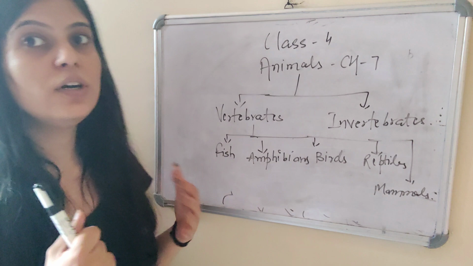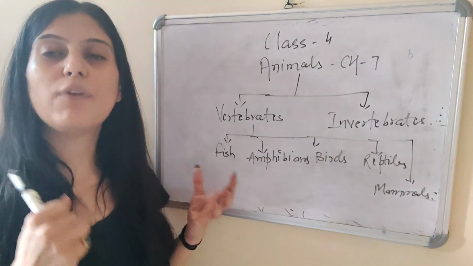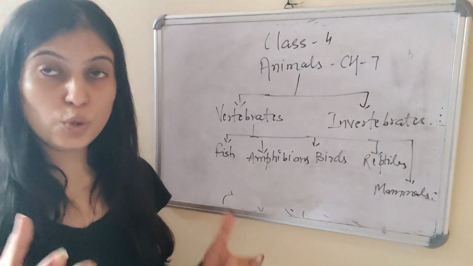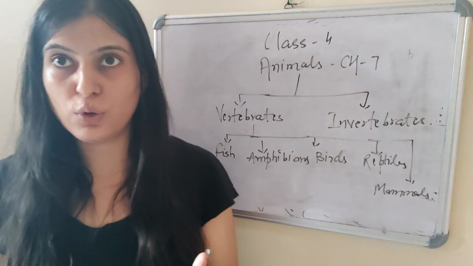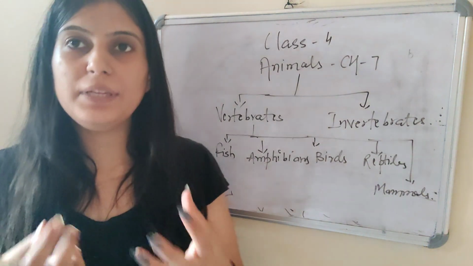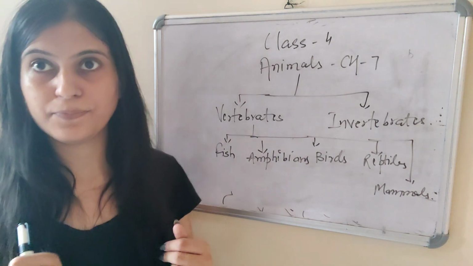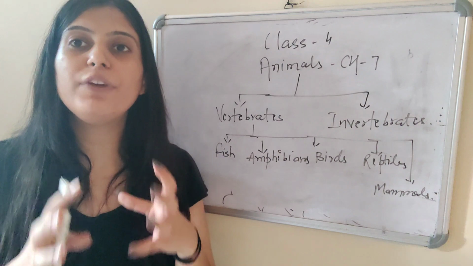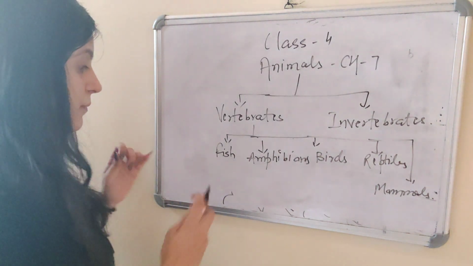Fishes have different organs. For example, fishes have gills through which they breathe in the water. Also, you must have seen that fishes have fins and a tail.